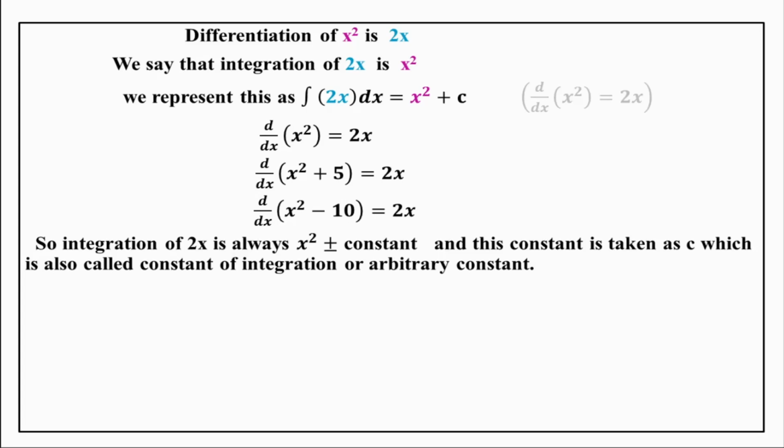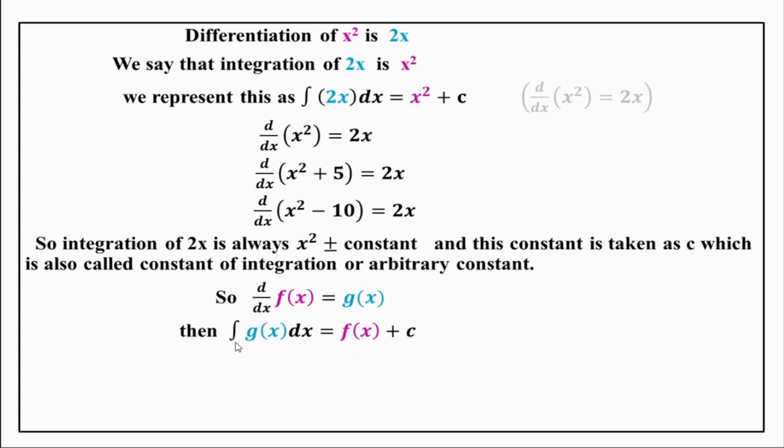That's why we call it an arbitrary constant or constant of integration. So every time we integrate any function, we add one constant of integration. In general, if differentiation of f of x is g of x, we say integration of g of x is f of x plus c.